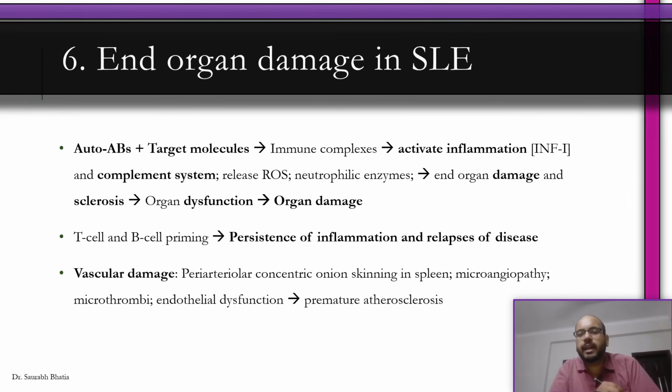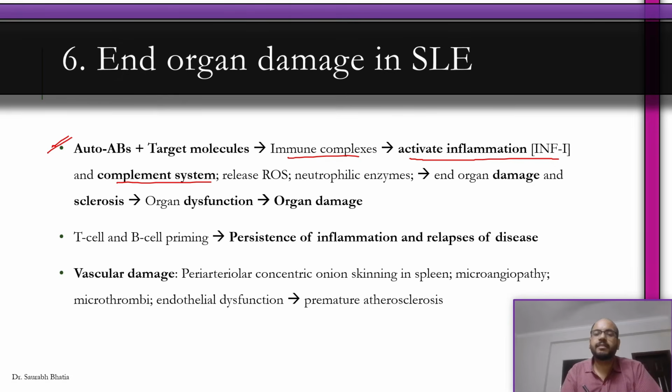Now, end organ damage in SLE. So what happens at the end, at the clinical damage? All the inflammatory cascade leads to end organ damage. So you have autoantibodies. When they react with target molecules, they form immune complexes. These immune complexes, when they're recognized by immune cells, activate inflammation, majorly the type 1 interferons, and also complement system activation.